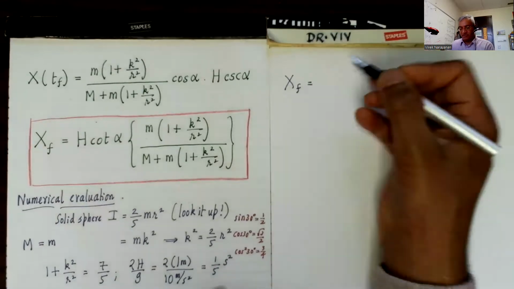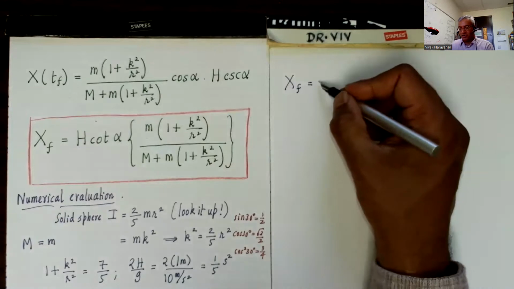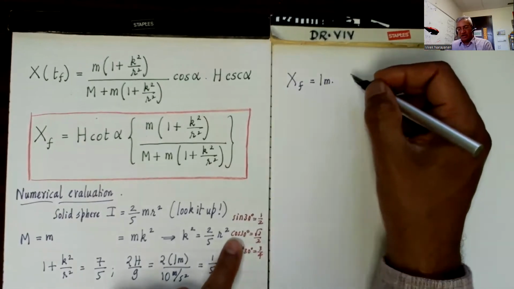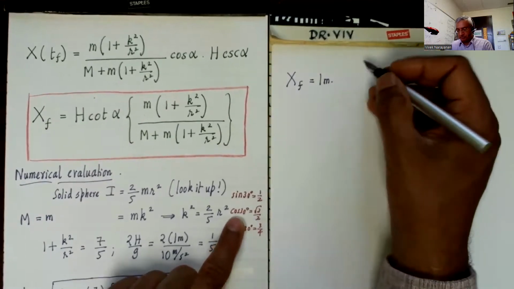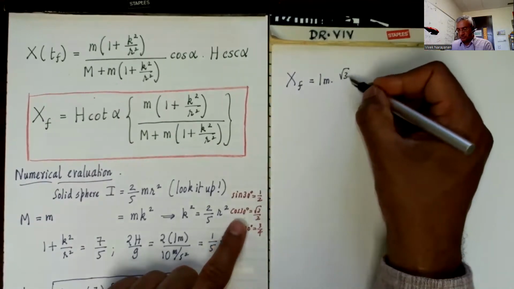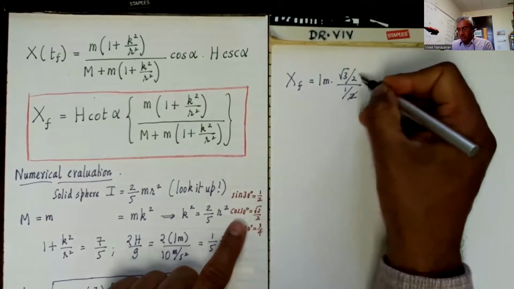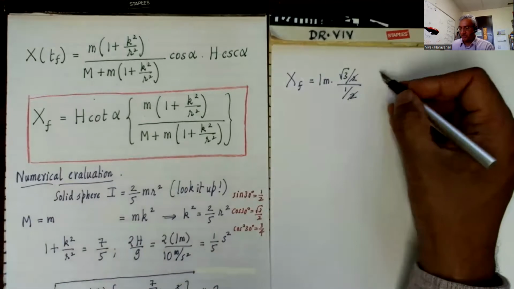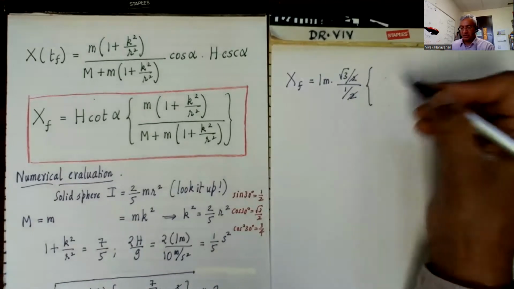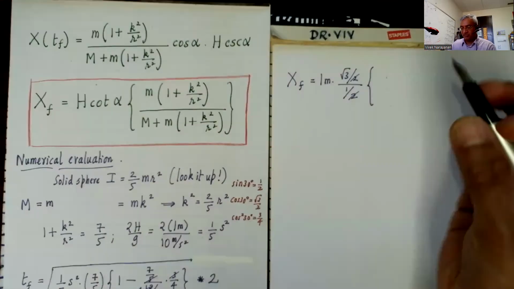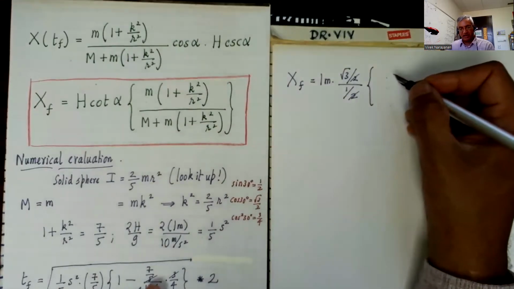XF is capital H, which is 1 meter. Cot is cosine divided by sine. So it's just root 3. Now here I have little m and capital M being equal. So that cancels out. It's just the same as that actually.